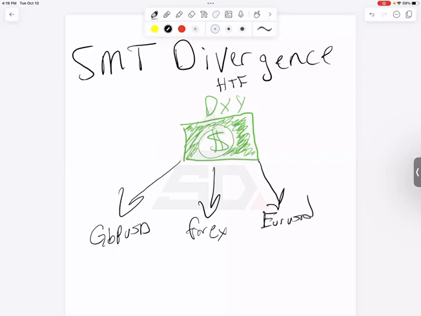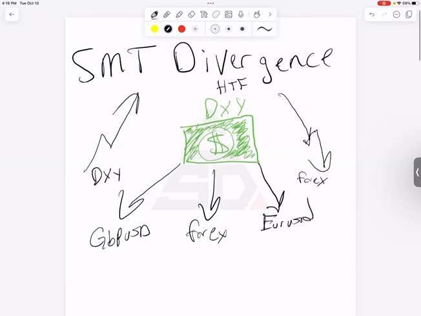So essentially, if DXY is moving up, you have a bias that is going bullish, then all other foreign pairs should be going down. And that's essentially what it is.